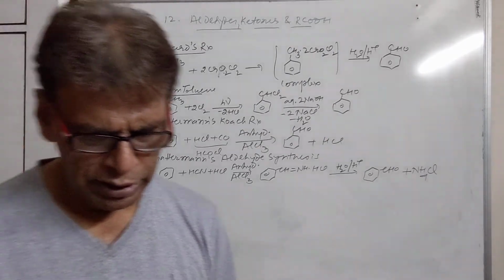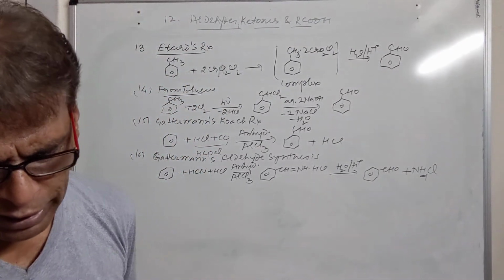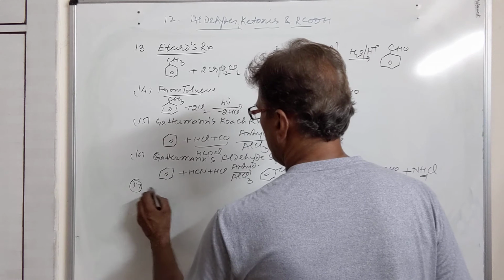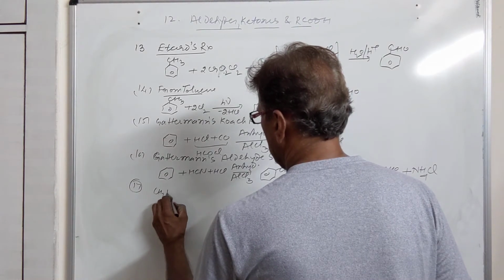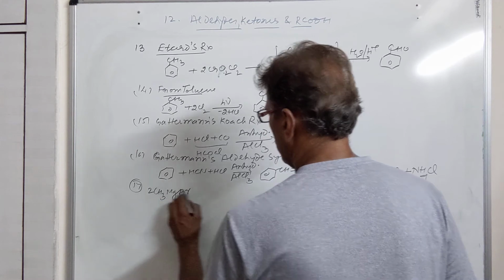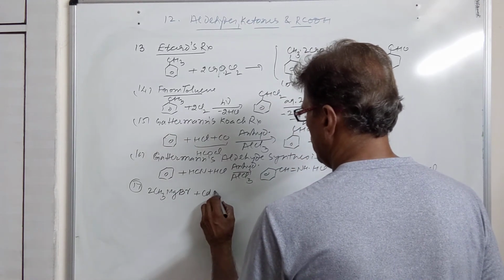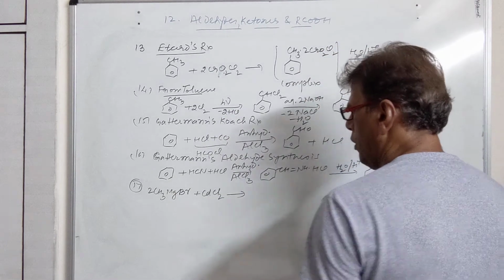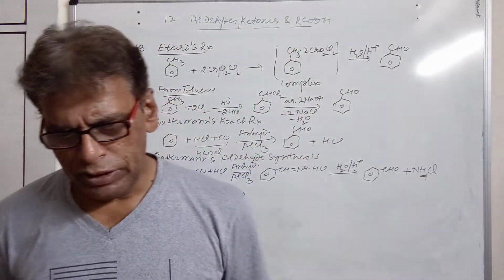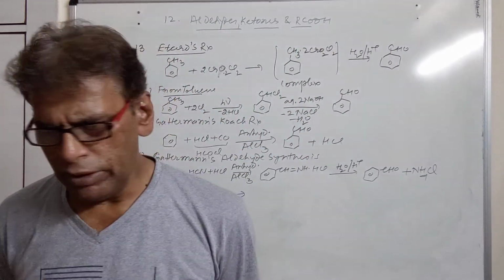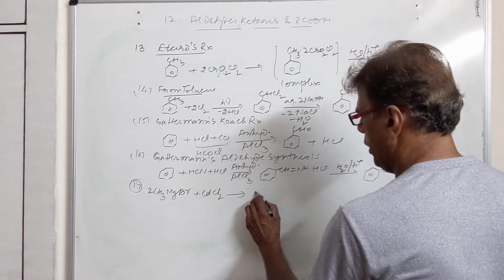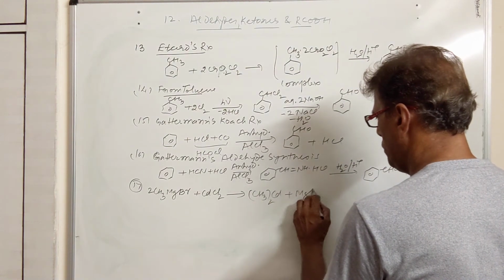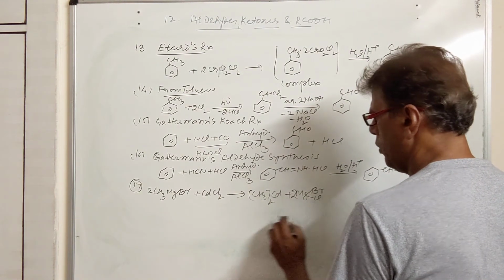Then we have aromatic ketones. They can be prepared by heating Grignard reagent with cadmium chloride. When Grignard reagent CH3MgBr, two molecules of it, is heated with cadmium chloride, we get dimethyl cadmium plus MgBrCl, two molecules of it.